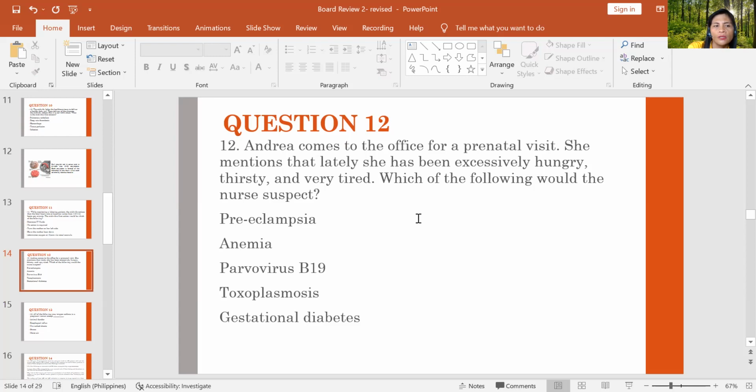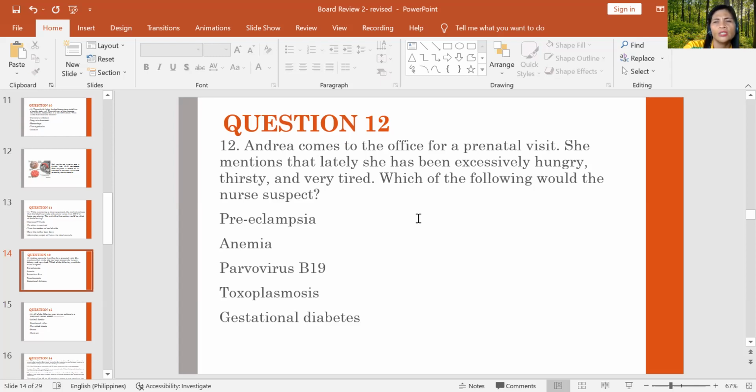So, yon. Dapat alam nyo yon. So, all these three indicate that the mother already has gestational diabetes. While increase in fatigue is common in pregnancy, yes, I have experienced also that one.